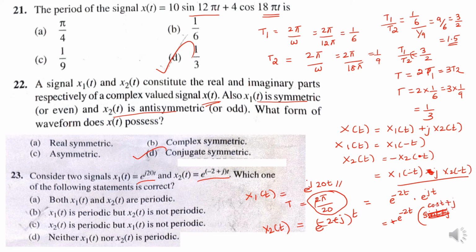So now see this equation. This is not a periodic one. So x1 of t is periodic, correct? x2 of t is not periodic. This is the correct answer.